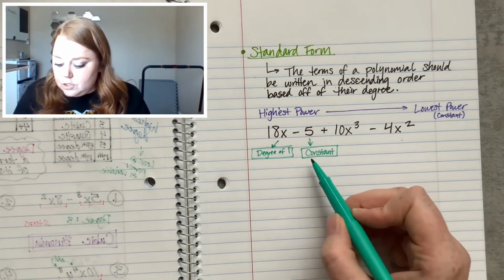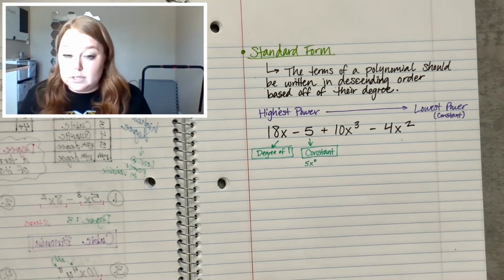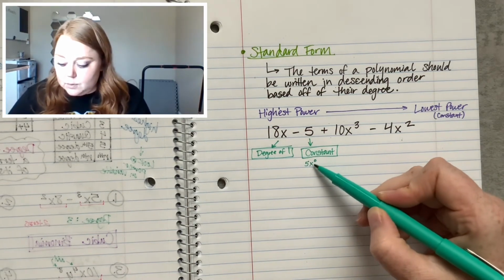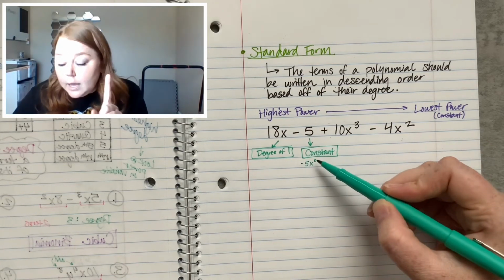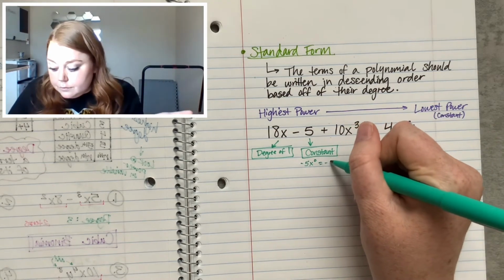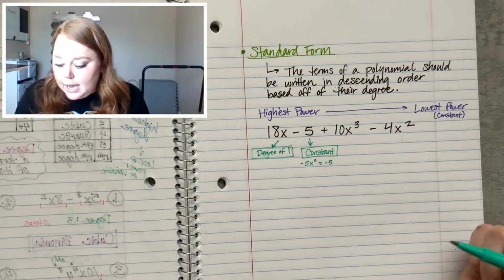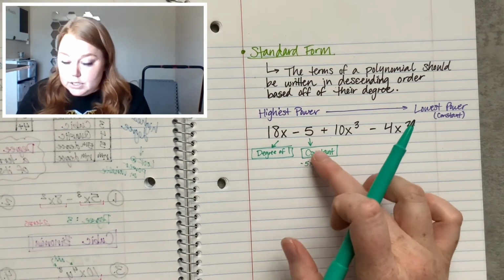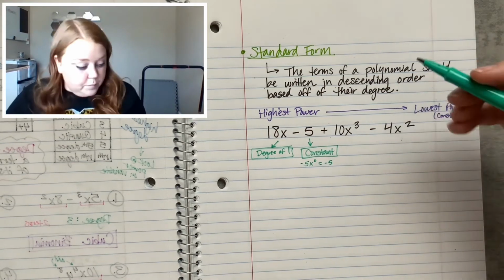Because if you imagine, you could write an x next to it, but it would be to the power of 0 because x to the power of 0 is 1. And 1 times -5 is -5, okay? So this has a degree of 0, therefore it's your constant, okay?